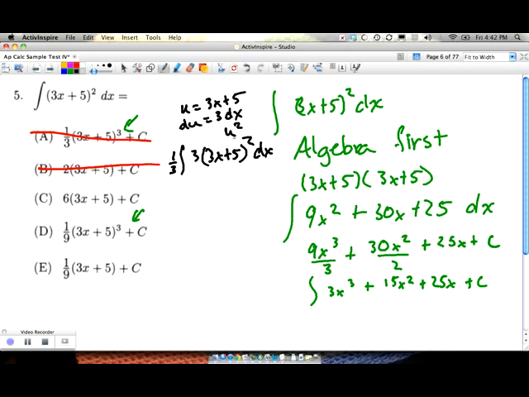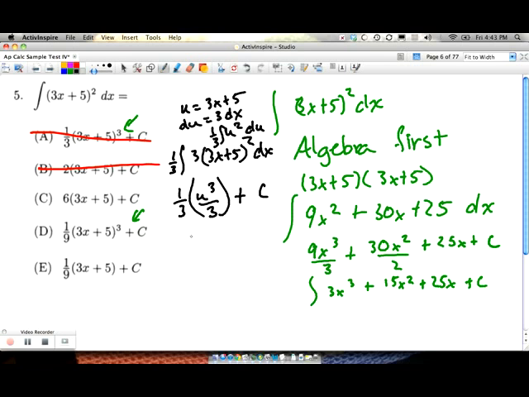Now this would be u squared du times a third. Okay, so the antiderivative of u squared is going to be u cubed over 3, plus c. I'm getting it. I followed.